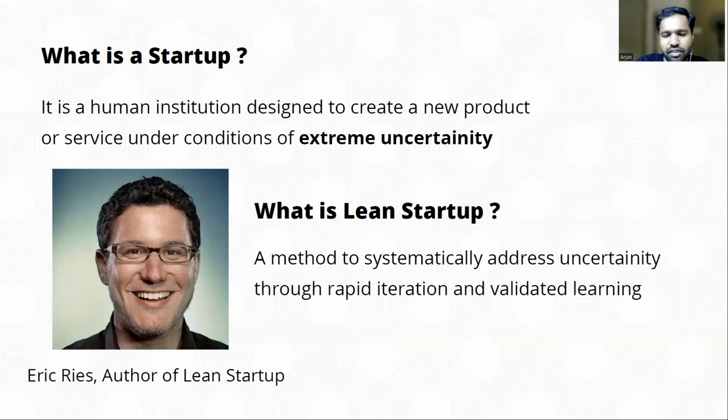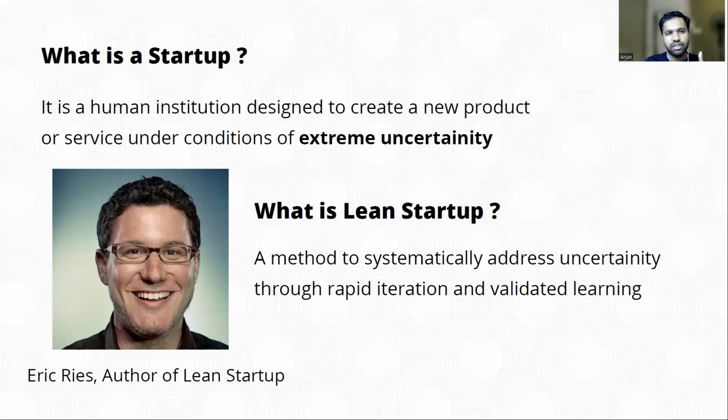So what is the lean startup method? Basically it is a method to systematically address uncertainty through rapid iteration and validated learning. As I told before, you don't know the path in front of you, so there are going to be a lot of uncertainties. So there needs to be some framework which will help you to navigate around these uncertainties and help you to learn things faster and better.